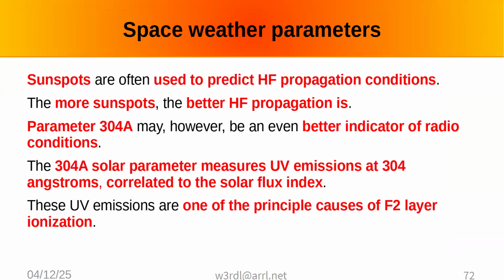Okay. Sunspots. Obviously, the more sunspots, the better propagation. And one of the things they measure is the 304A, which stands for 304 angstroms, which is the wavelength that they're measuring. It's been so long, I forgot how big an angstrom is, but I do remember it.